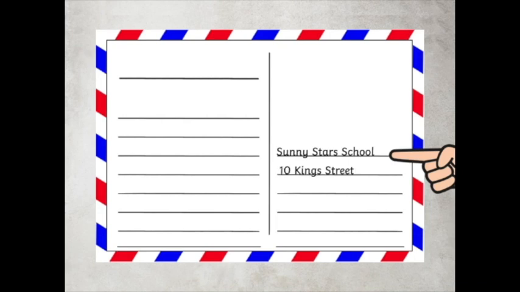So, if I want to write a postcard to my students, what do I do first? Name and address. There's the name of the school and the address. I write the number of the place and the street name. The town or city. The country and the postcode.